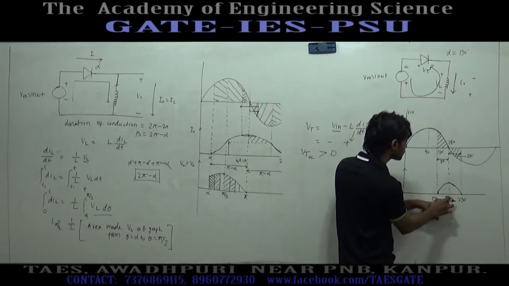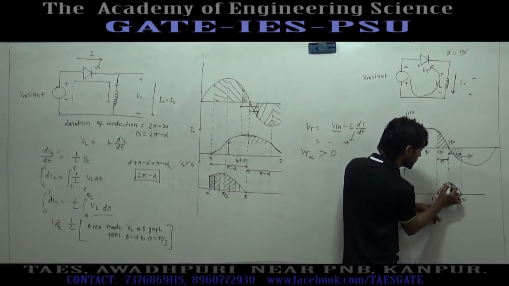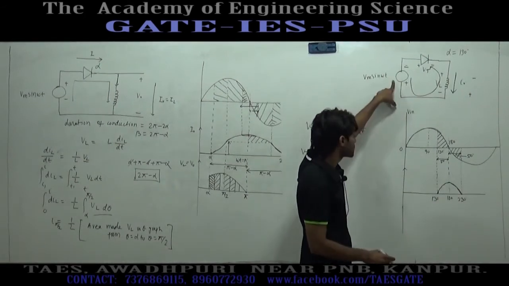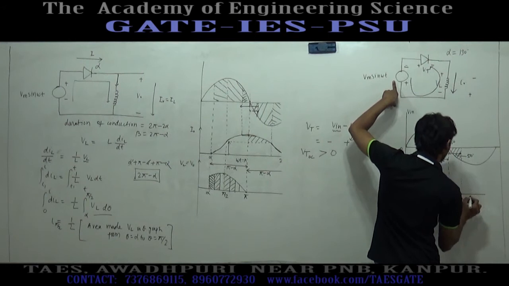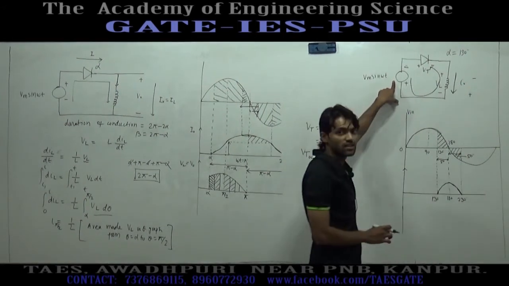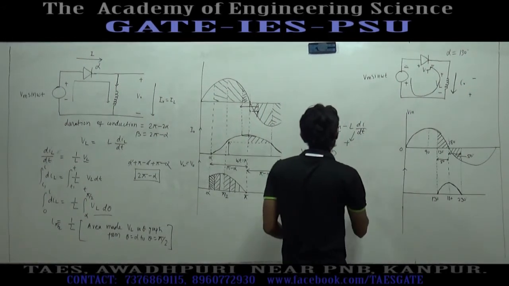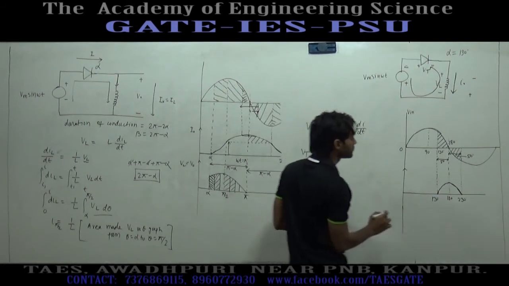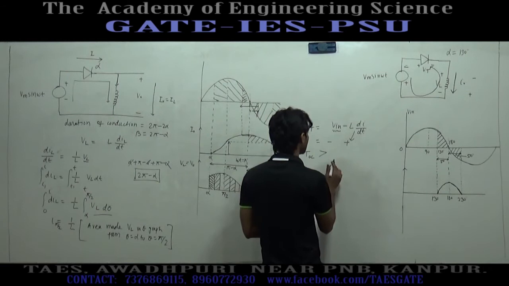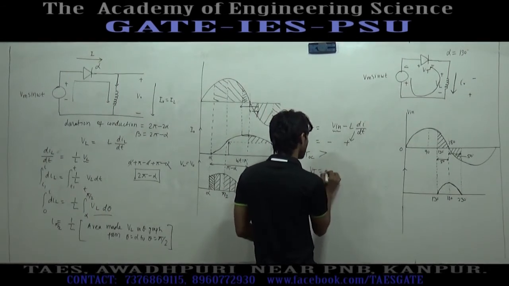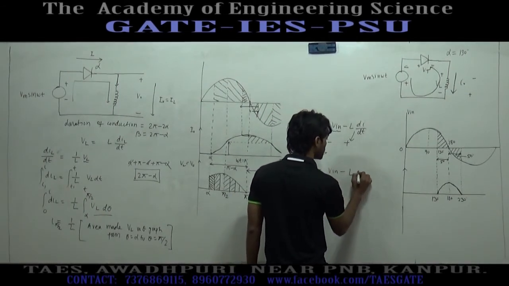After 180 degree current will decay because the input voltage has reversed its direction, and after 230 degree again the current in the inductor is 0. So, after omega t equal to 230 degree the input voltage is negative, Vt equal to V input minus L di over dt.